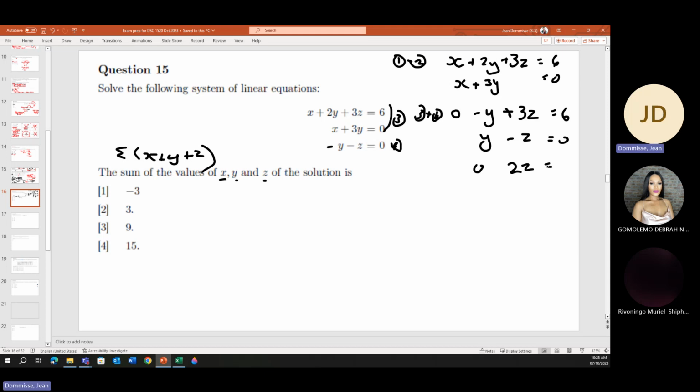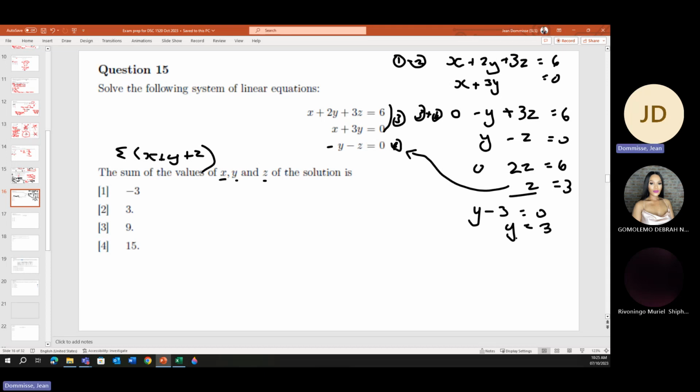So 2z is equal to 6. So z is equal to 3. Then I can put that back in there. So y minus 3 is equal to 0. So y is also 3.